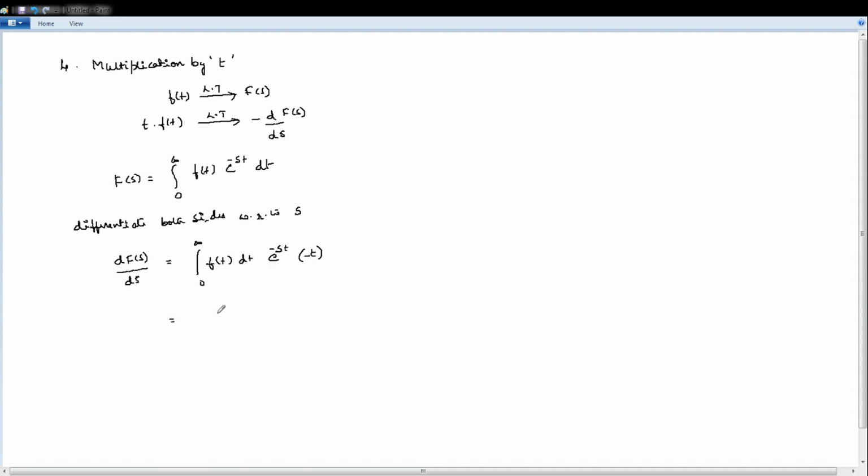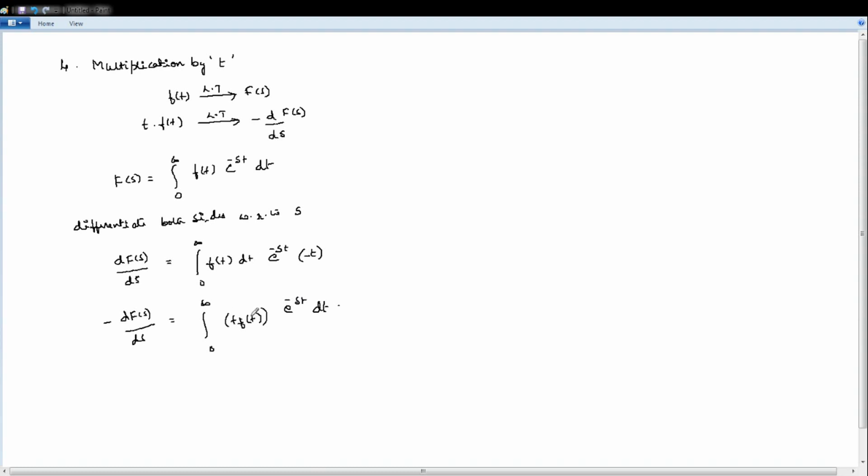I'll take the minus to the left side: minus dF of s divided by ds equals the integral from 0 to infinity of t into f of t e power minus st dt.